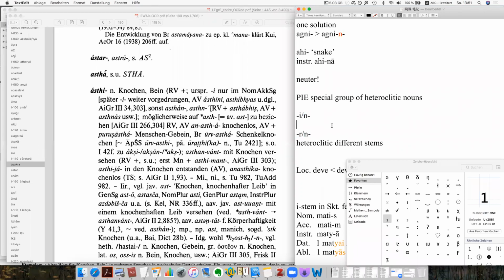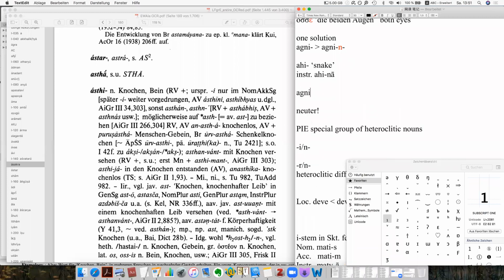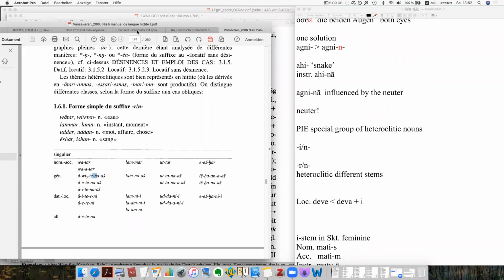And this is the reason why, and there's another point. This is a neuter. So actually, the acne na is influenced by the neuter, and we can check the neuter forms.